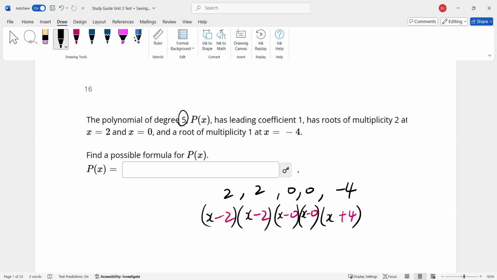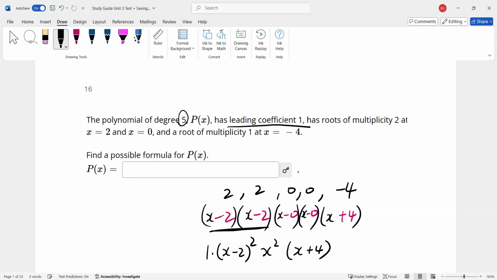If you want, rewrite the multiplication as an exponential expression, because it's the same, right? So (x minus 2) squared, x minus 0 is just x, times x squared, and x plus 4. You can rewrite it like this. And the leading coefficient is 1, okay?